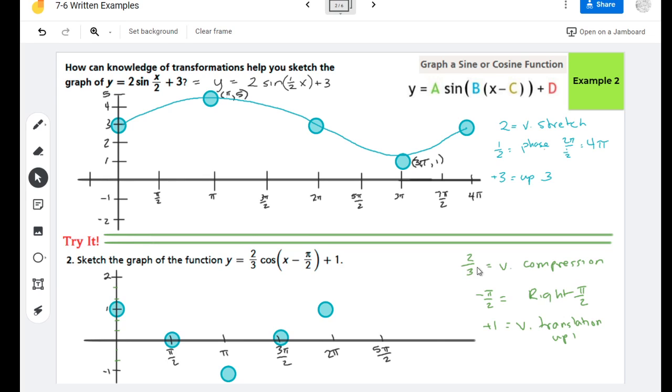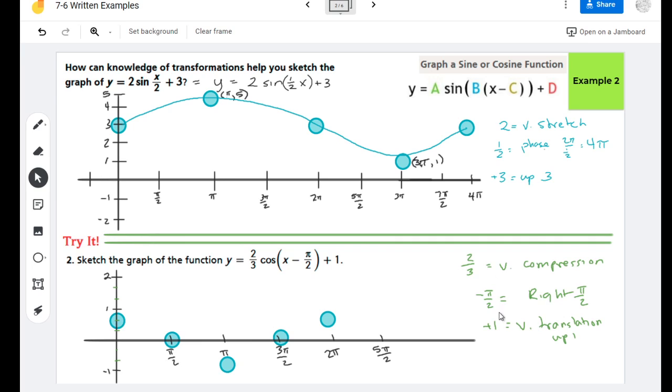First is our vertical compression to 2/3. So these anchor points are now scooting down to the 2/3 marker and up to the negative 2/3 marker. Keep that in your head. This is where I recommend labeling our points, because that's kind of hard to tell for sure.